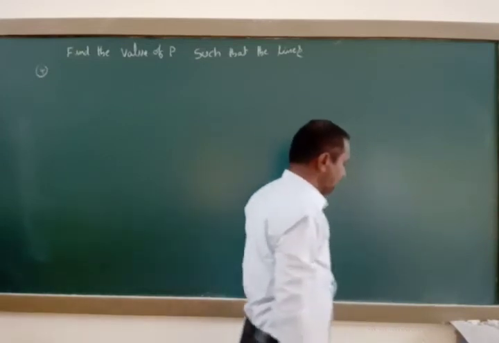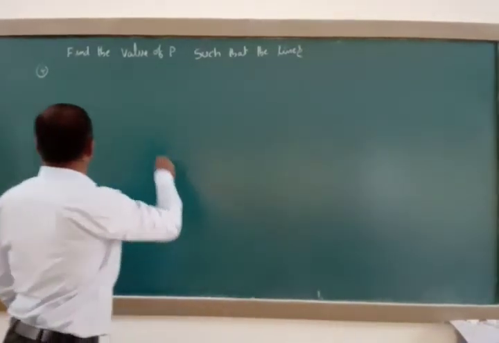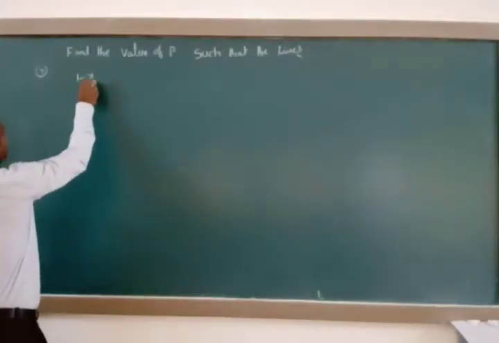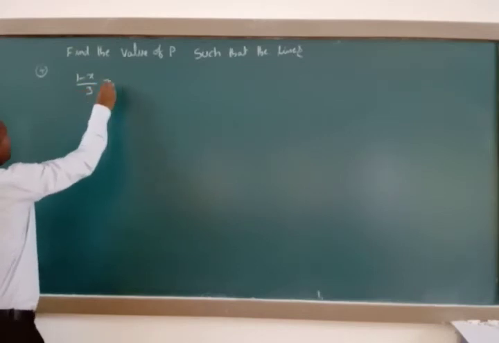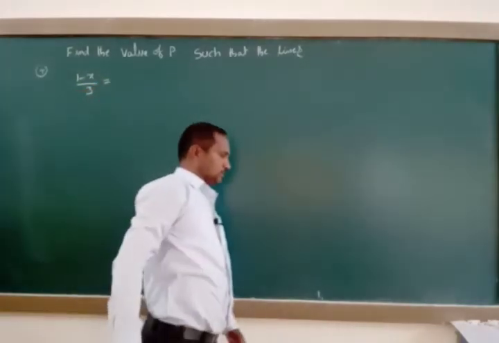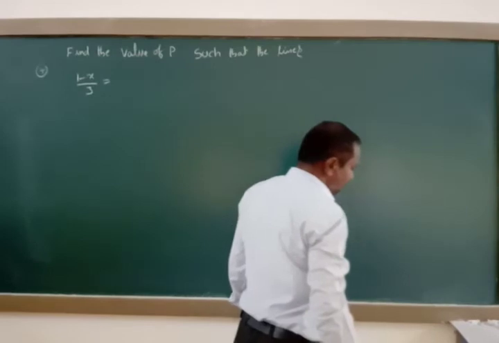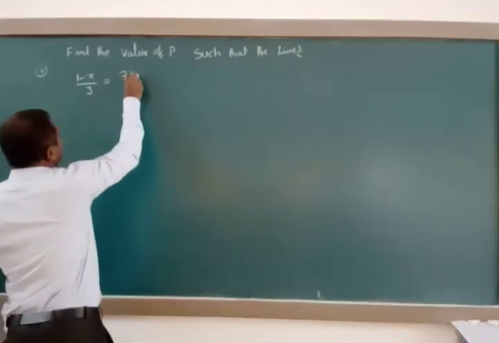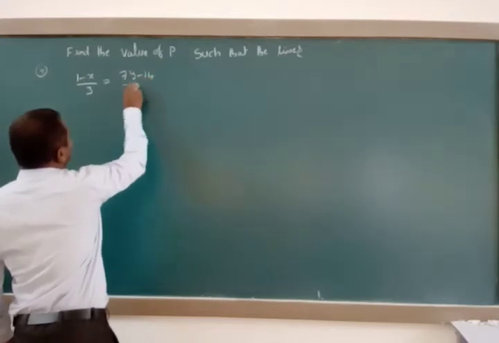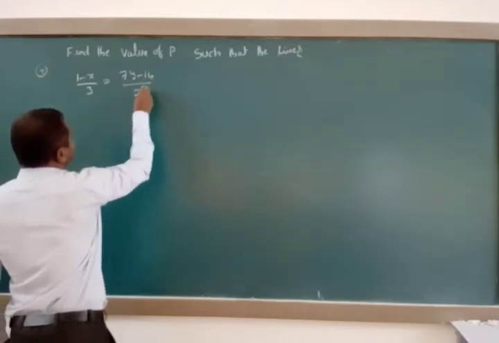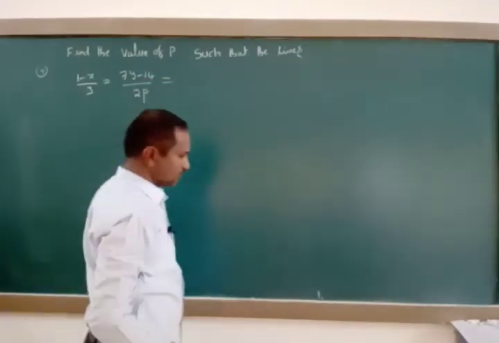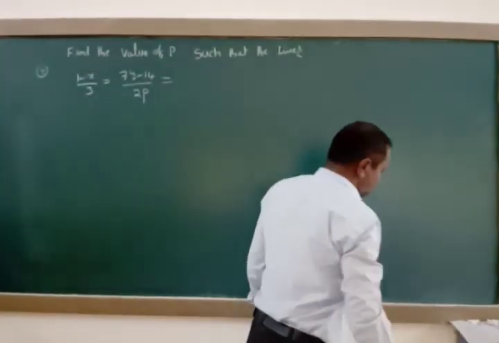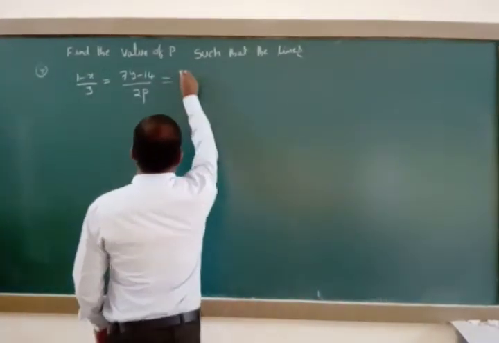(1 minus x) by 3 is equal to (7y minus 14) by 2p is equal to (z minus 3) by 2.